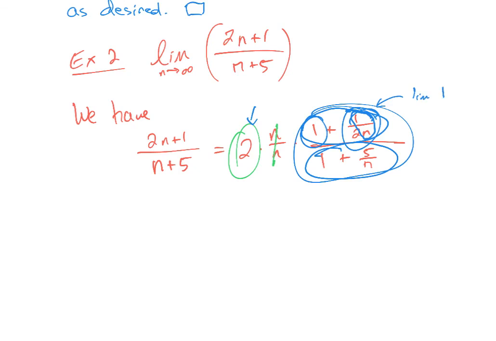In the denominator we do the same thing, except 5 over n, that's the limit of the constant sequence 5 times the limit of 1 over n, and that limit is 0 as well. Okay, so this limit is equal to 2 using the theorem we just established. So now thanks to that theorem, you can do all the arithmetic that you're used to doing with limits.